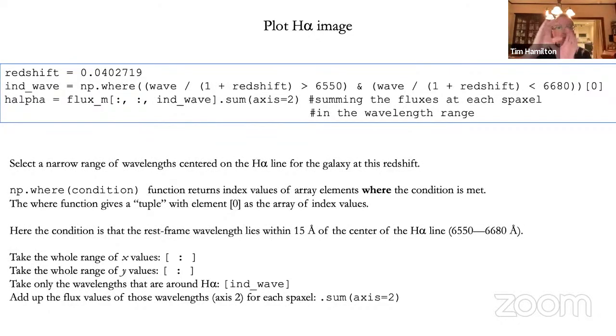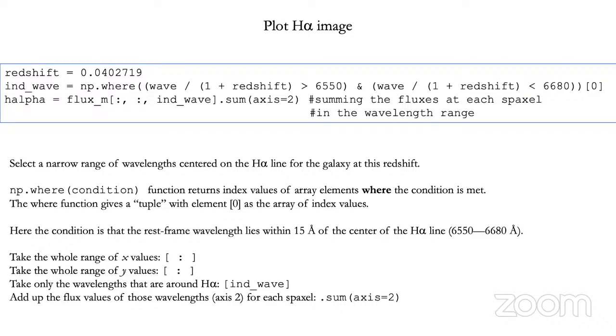So for a given coordinate on the sky, we will add up the flux for that position at all wavelengths within the range that we've selected. Okay, and that gives us an image summed up, integrated really over the range of wavelengths for H alpha. I really do like some of these techniques you can use here.